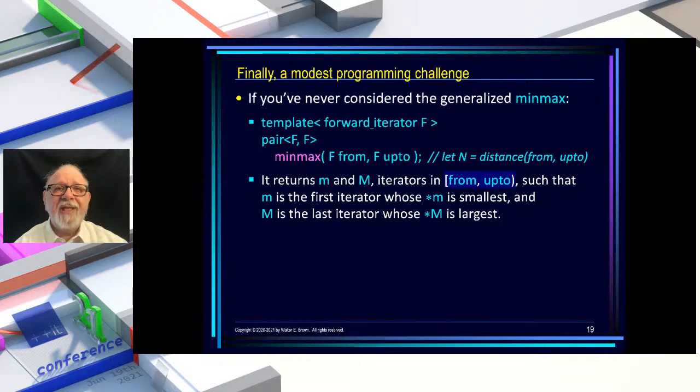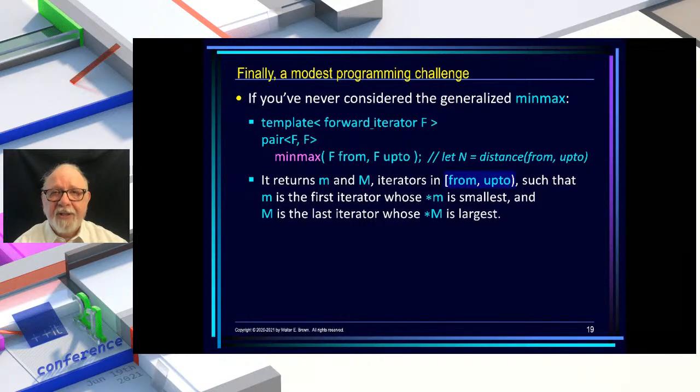Such that m is the first iterator whose corresponding value is the smallest in this range, and capital M is the last iterator, not the first, but the last iterator in this range whose associated value is the largest. So small m and big M to give us the min, which has to be the first iterator with the smallest value, and capital M, big M, which has to be the last iterator whose associated value is largest.